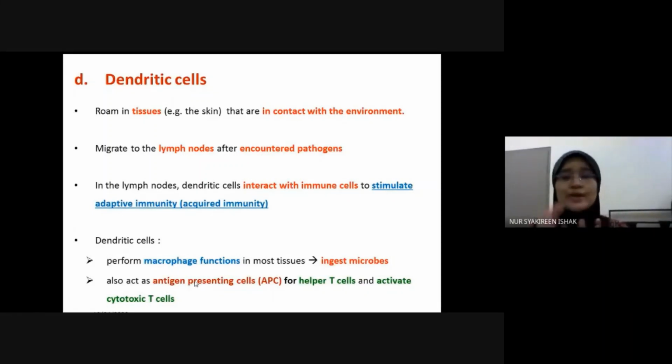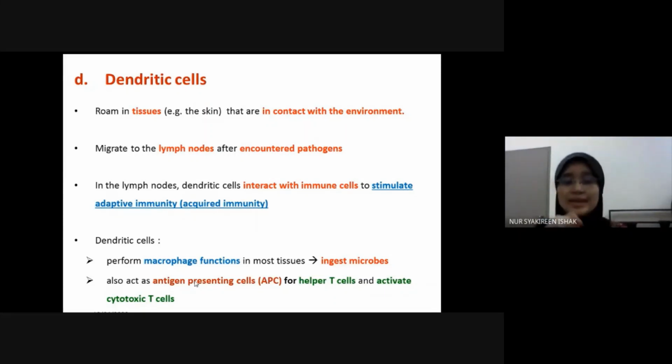Okay, so what is the function of APC is that it will activate helper T cells, and the T cell will activate cytotoxic T cells. So the cytotoxic T cells, basically it involves in the cell-mediated immune response of the third line defense.